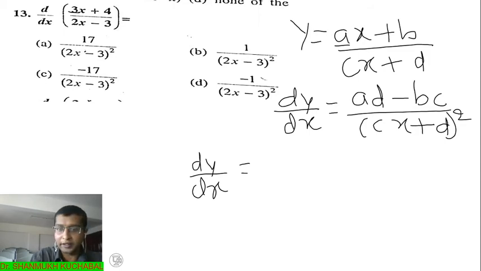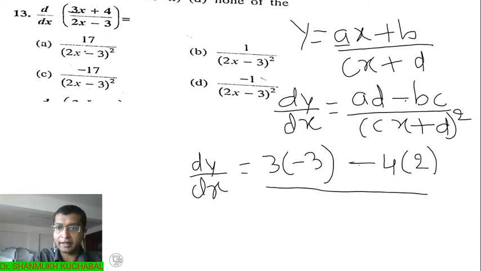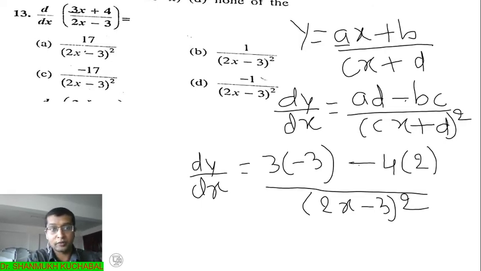So A into D is 3 into minus 3, then minus BC, B is 4, C is 2, we have to multiply, whole divided by (2x minus 3) whole square, that is the denominator square. Here almost all the denominators are squares, so we can't guess the right answer. So further we need to simplify.